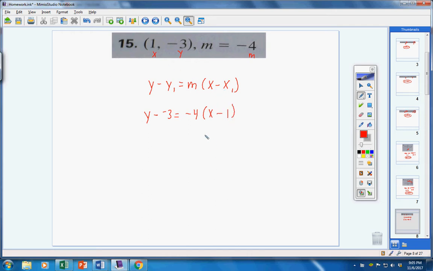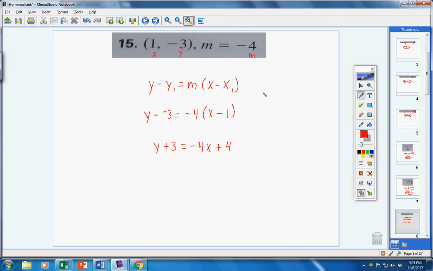And now let's simplify and get y all by itself, and we're done. Y minus a negative 3 is positive 3. Take your negative 4 and multiply it through. Negative 4 times x is negative 4x. Negative 4 times negative 1 is positive 4.